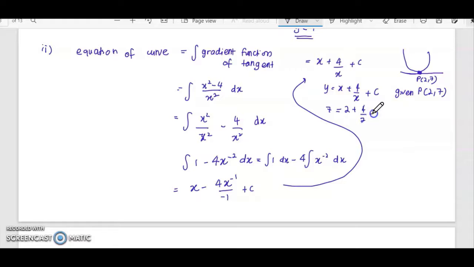So 7 equal to 2 plus 2 plus c. So c is equal to 3. So the equation of the curve is y equal to x plus 4 over x plus 3. That's easy answer for question 2.